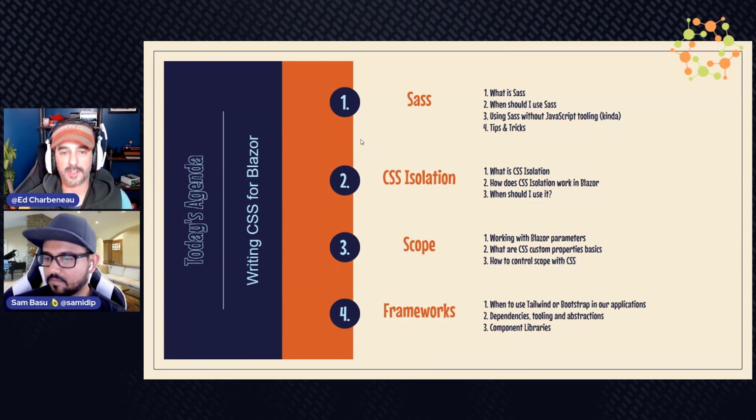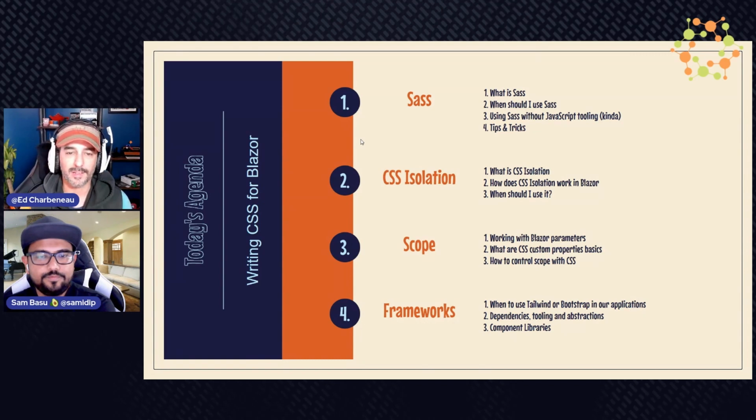First of all, we've got the good old fashioned Sass tool, something that I still use and like. I think there are some misunderstandings there about how you install it and how you use it. Then there's the feature for Blazor called CSS Isolation. We'll talk about what exactly CSS Isolation is, how it helps you with Blazor, and when you should use it.